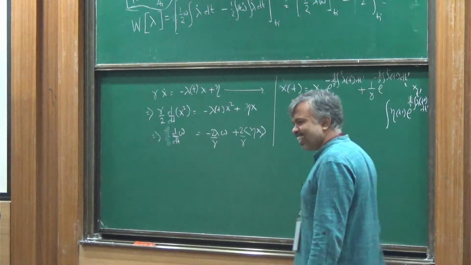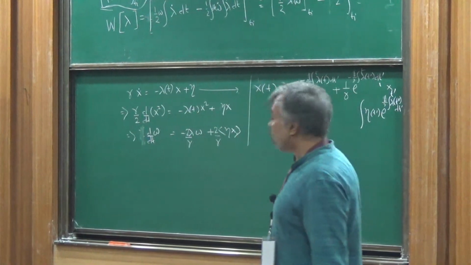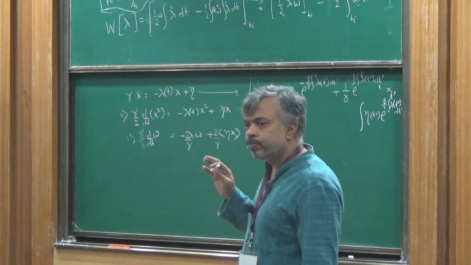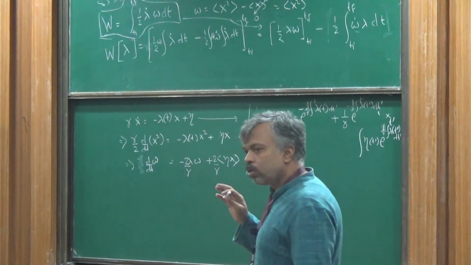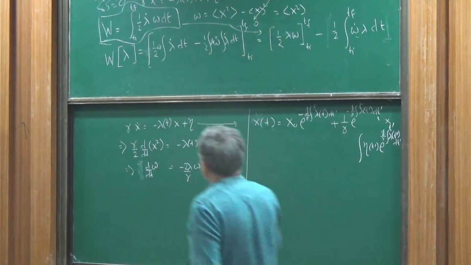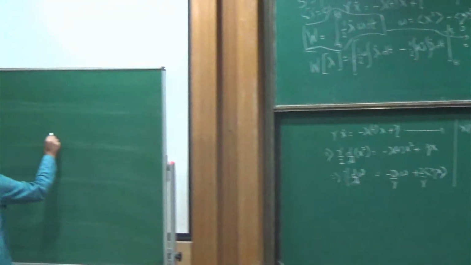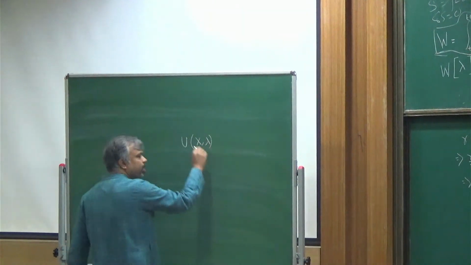So Arnav, that capital W, this is the average work. Why is it lambda, not omega? Okay, so the definition of work. It's half kx square, so this is a potential u of x, lambda. Here it is harmonic.